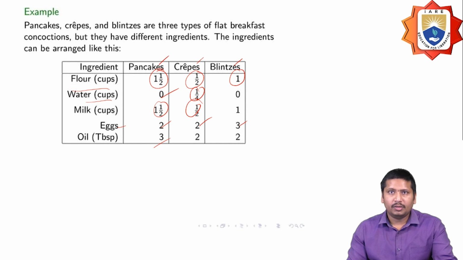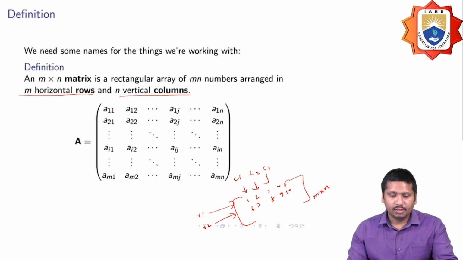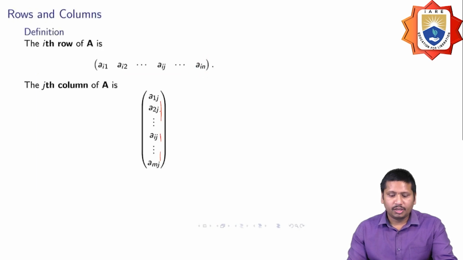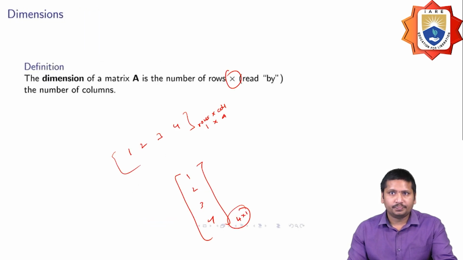This is the problem I initially assigned, and how I can represent it in the form of a vector. The matrix definition: an m by n matrix is a rectangular array of m times n numbers arranged in m horizontal rows and n vertical columns. The rows are horizontal and the columns are vertical.